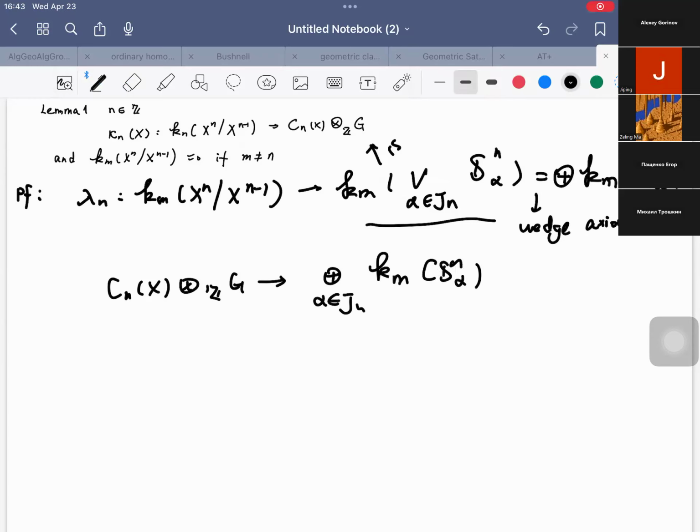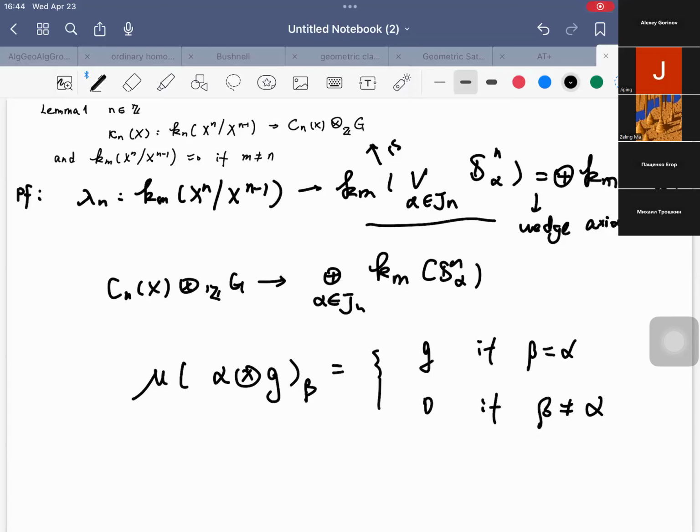I just take mu, you have alpha, you have G, and then you take every component from G_alpha, which is just G if beta equals alpha, and 0 if beta is not equal to alpha.